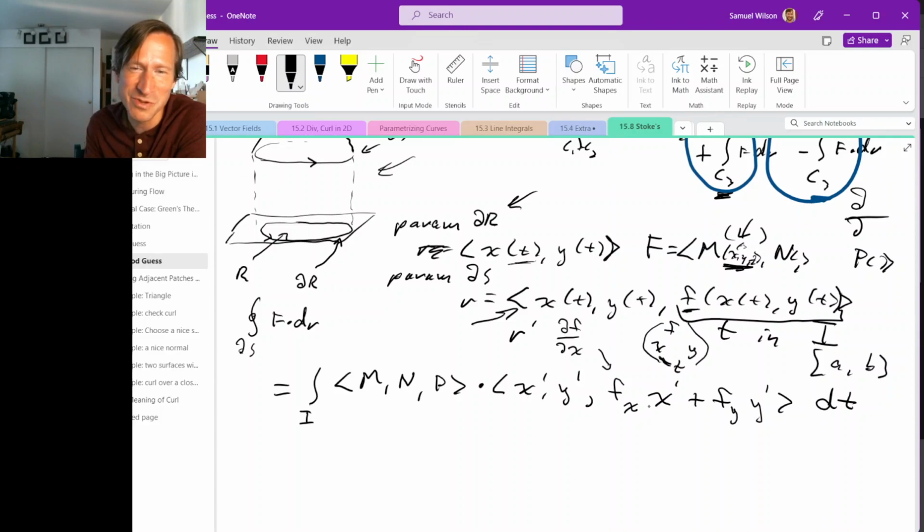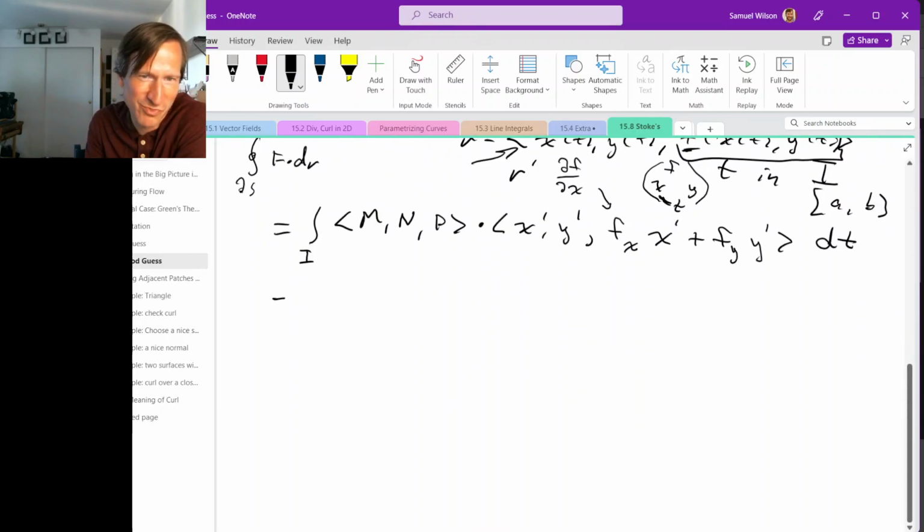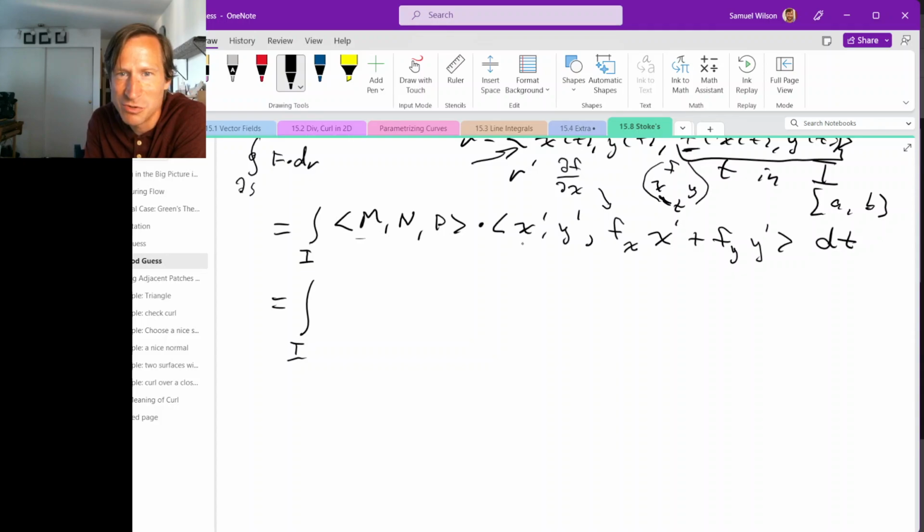this integral lives in 3D space because this is a dot product of 3D vectors. So to get this into 2D space, we have to write out this dot product. So this is the integral over I of x coordinate times x coordinate, so m x prime plus y coordinate times y coordinate, m times x prime plus n times y prime, plus p times this whole mess.